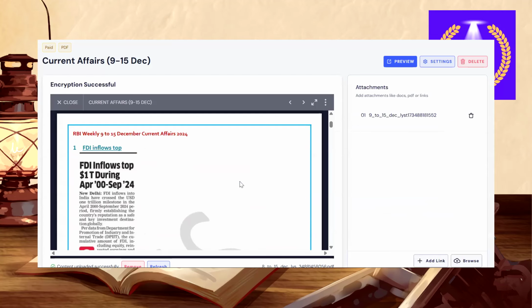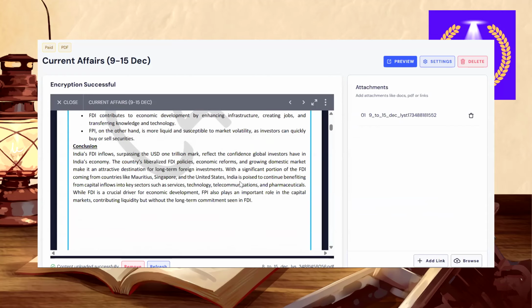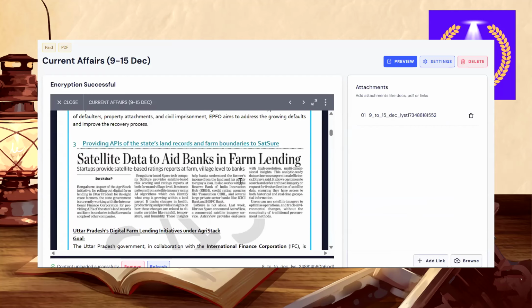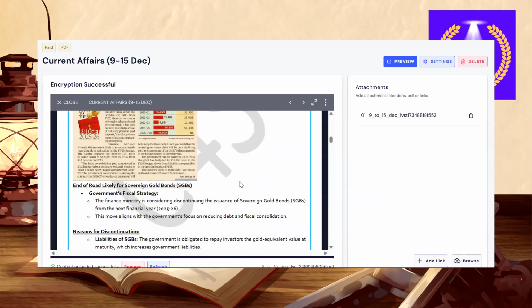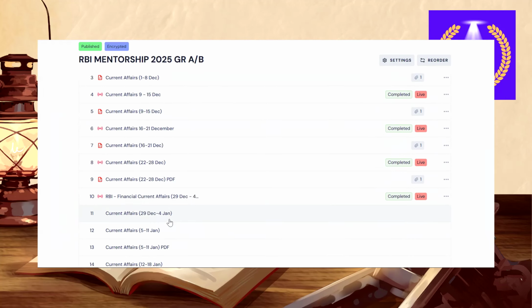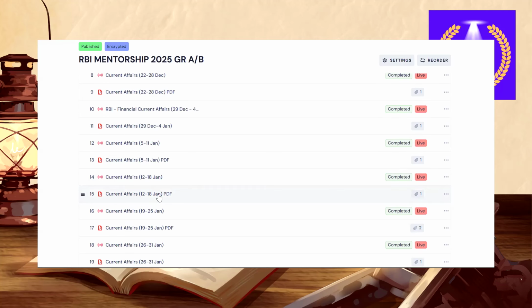You can find the newspaper and then the crux of that particular news. Whatever is important with respect to finance and banking, we used to cover in this section. For each and every week, things were covered in such a way, and it is not a very bulky PDF.